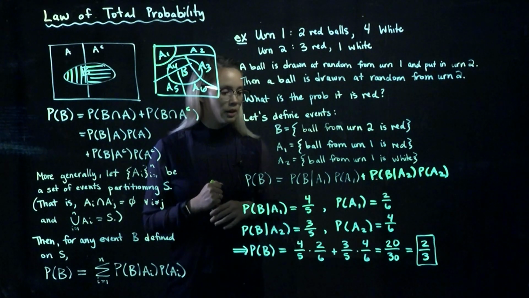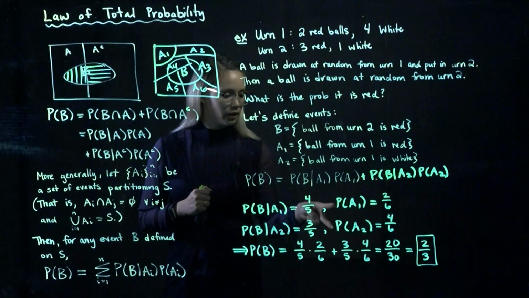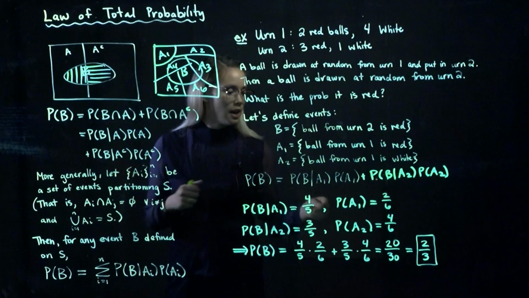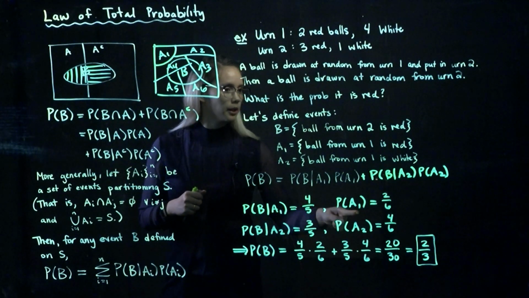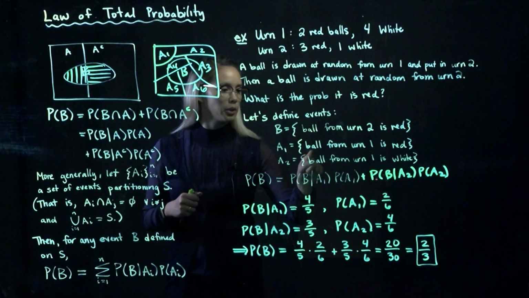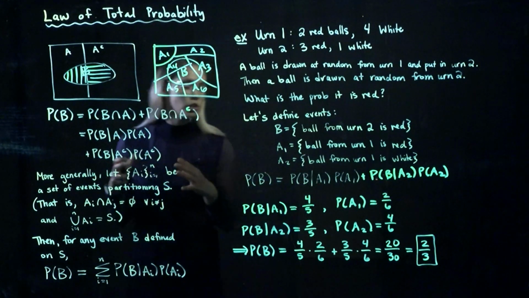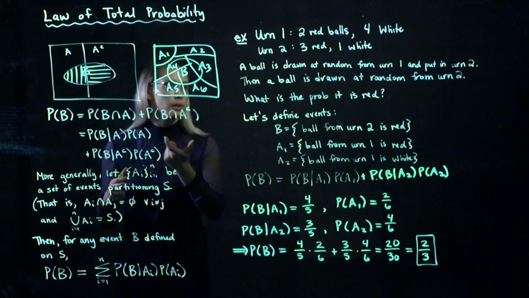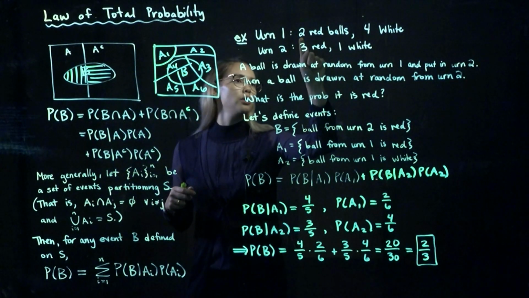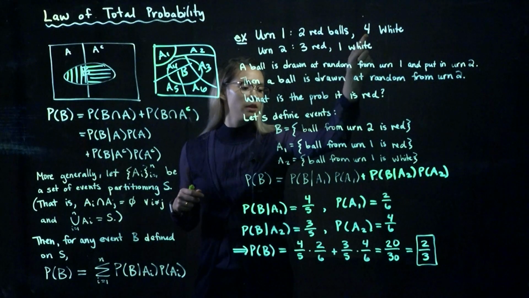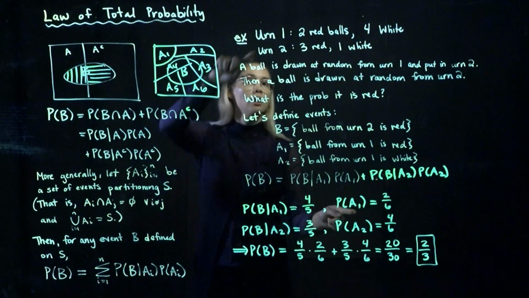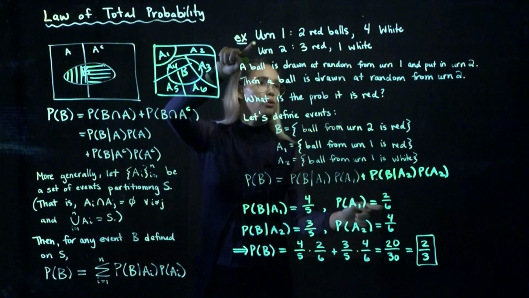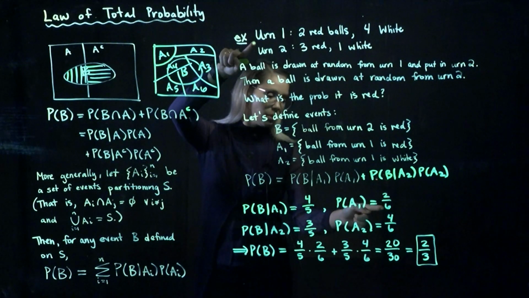All right, so it's probably easiest to start with the unconditional probabilities. If we want to know what's the probability of A1, in other words, when we are just starting with urn 1, what's the probability that we draw a red ball from it? Urn 1 had 2 red balls and 4 white balls. Therefore, the probability of drawing a red from urn 1 is just 2 out of 6, since there are 6 total balls.